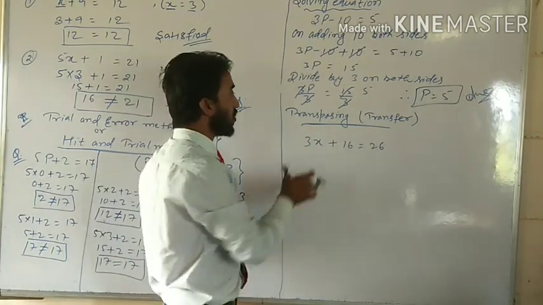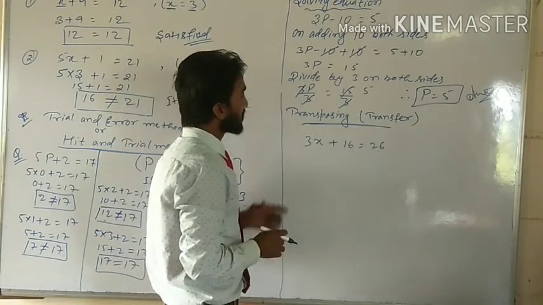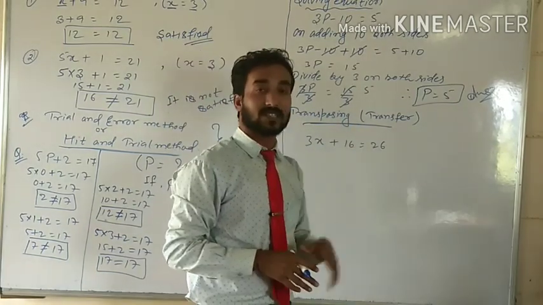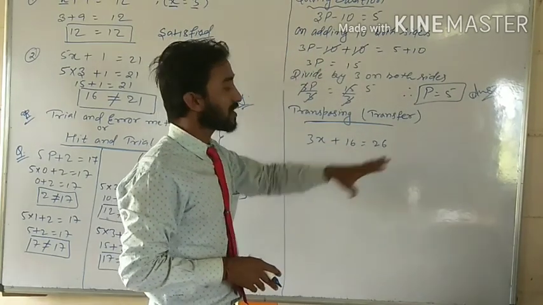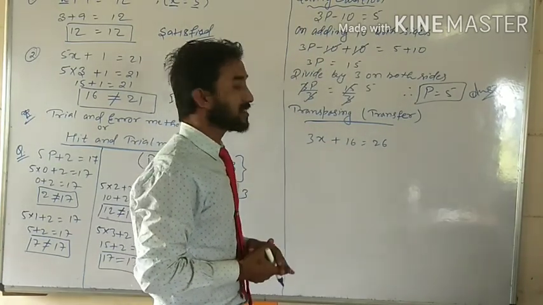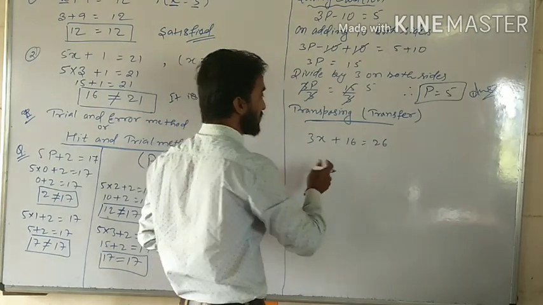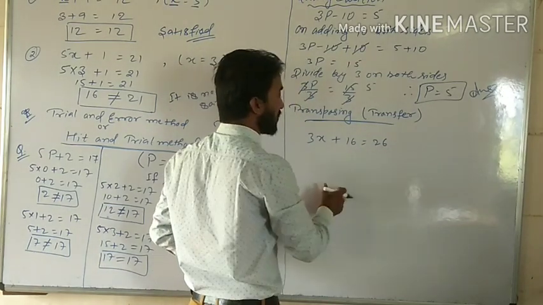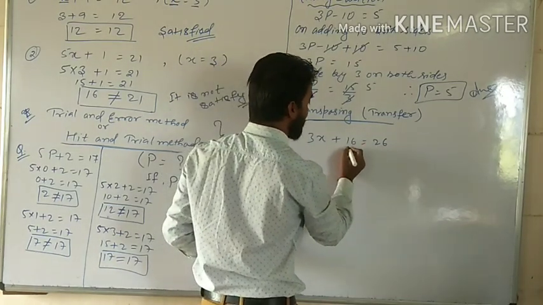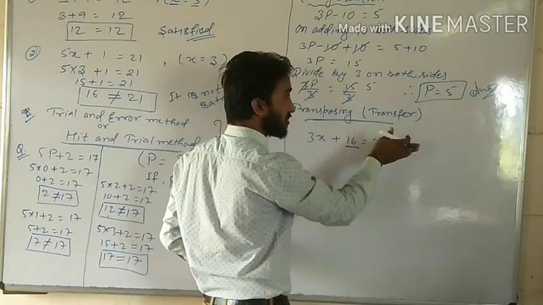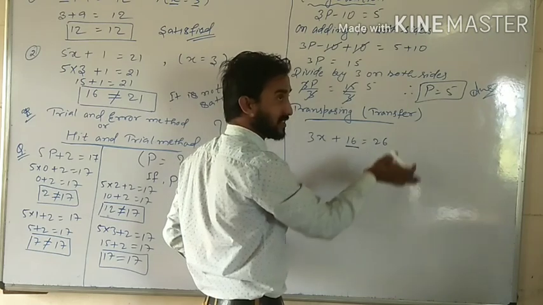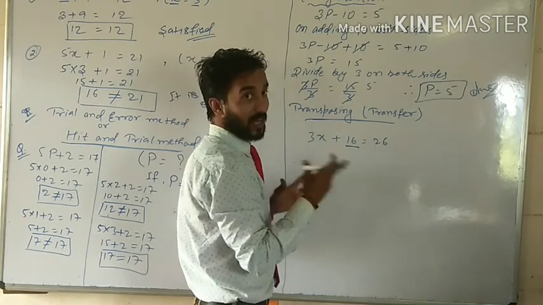Okay, see, on transposing, students, there is one more method. Transposing means transfer. The same questions we can solve in another way also. In transposing, what will we do in such a question? The constant value that is given, we will transfer from LHS to RHS.